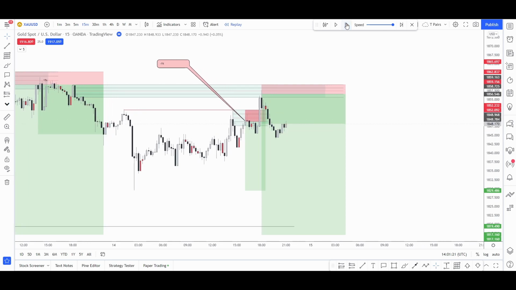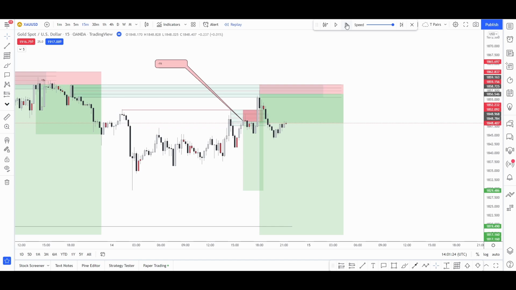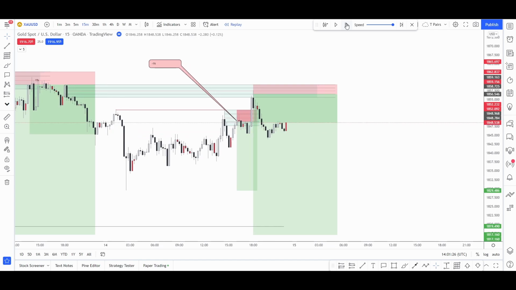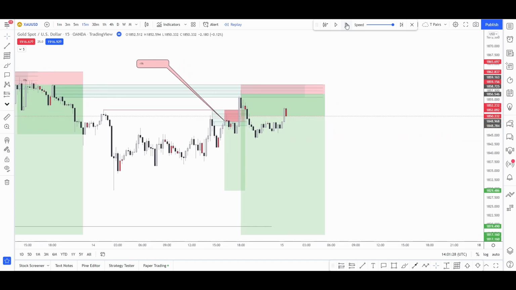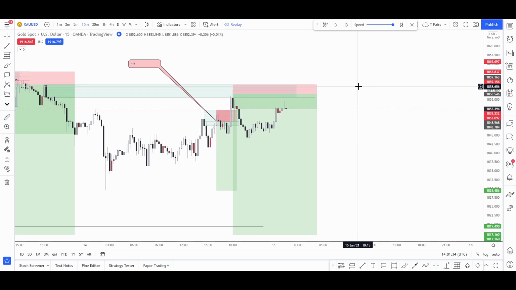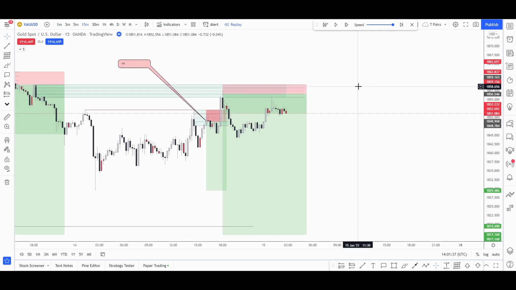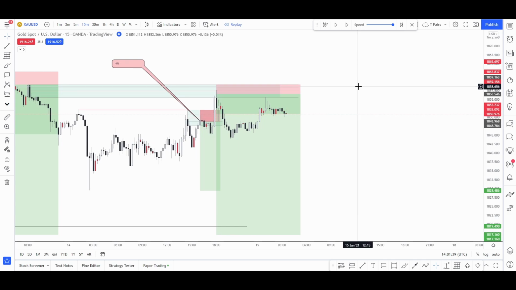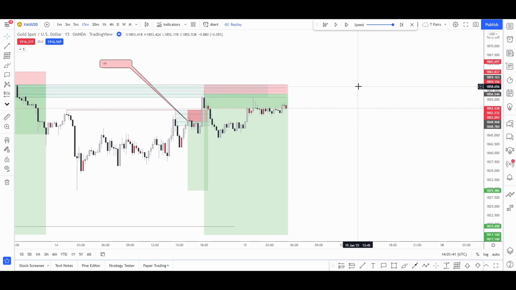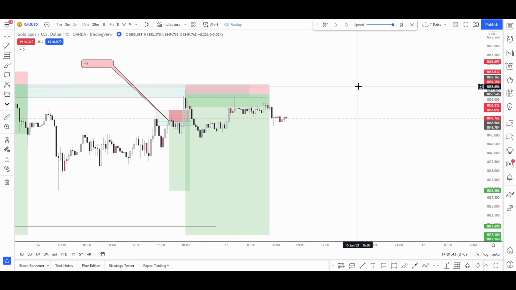So I'm going to do it quietly on my keyboard. Right. Oh man. It's a rejection wick, that's a bonus. Am I clicking too quick?